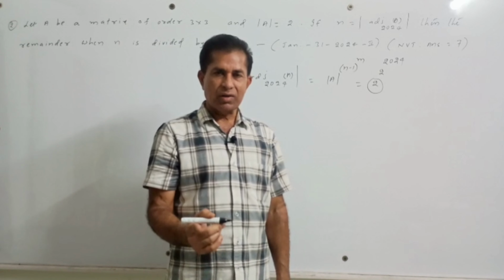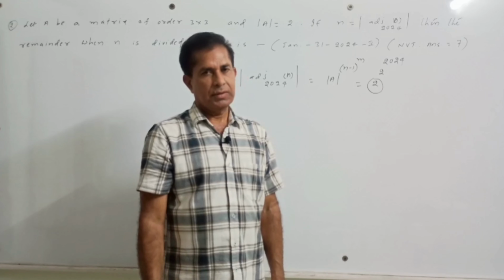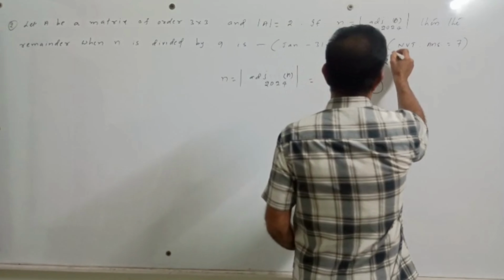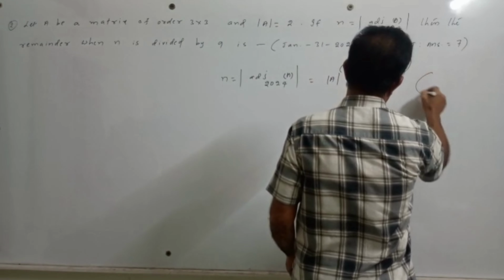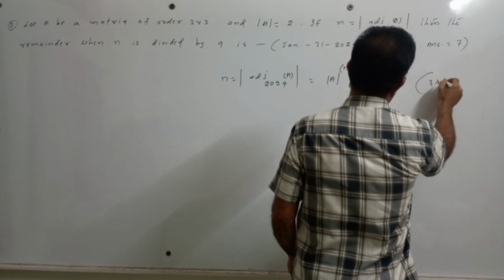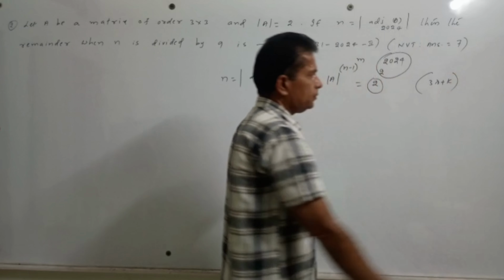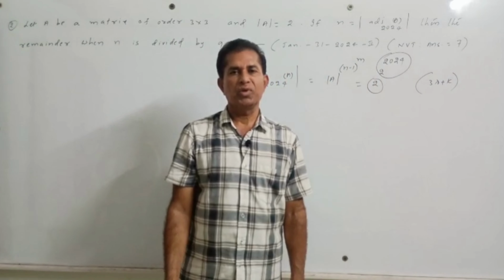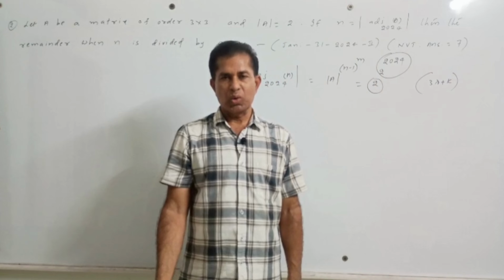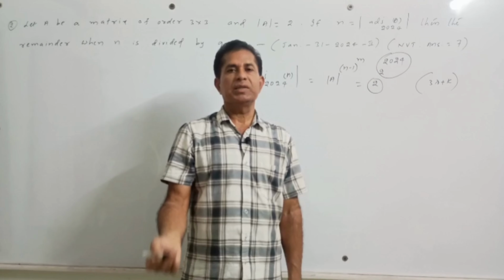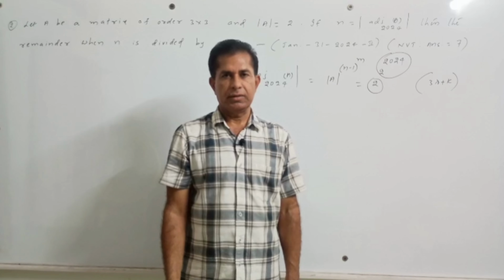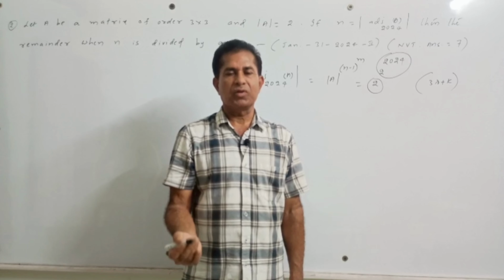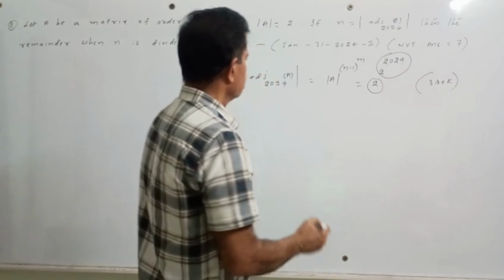To convert that base into 8, the exponent should be converted into the form 3 lambda plus k. Then 2 cube becomes 8, and the base can be converted into 8.